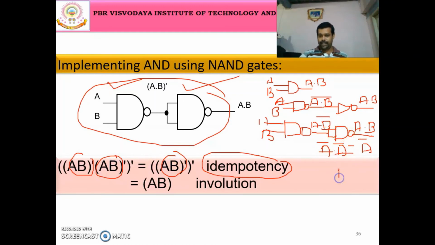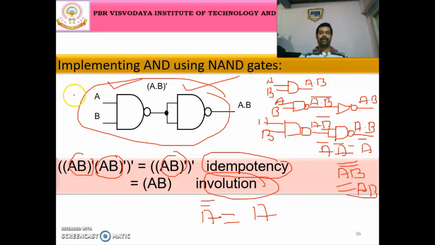Now this A B the whole bar is again inverted, so you are getting A B. This is involution. Involution is nothing but A double bar is equal to A. So we have implemented AND gate using NAND gate.